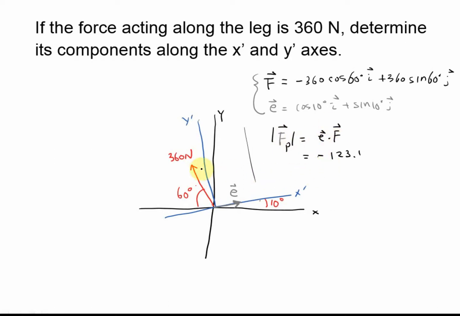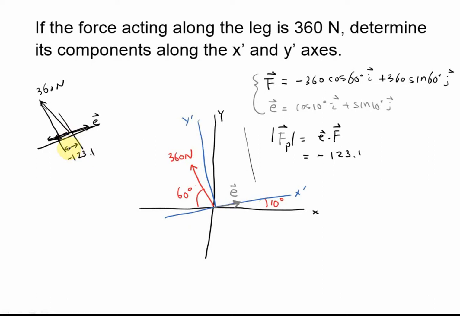That means if you look at this red vector and then E, so right now this is your 360 Newton, and this is E, then the negative means your projection to the E line of action is the opposite of the direction of E. That's why this one here is a negative 123.1.